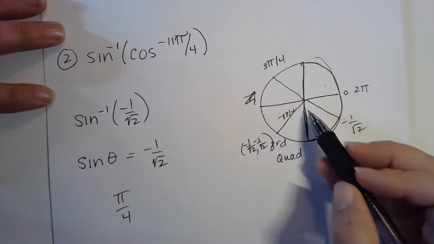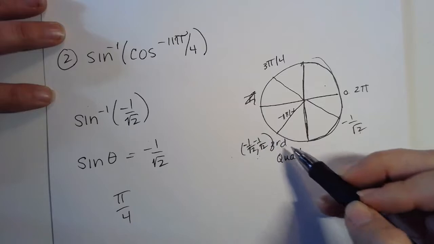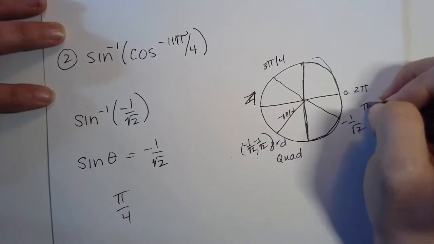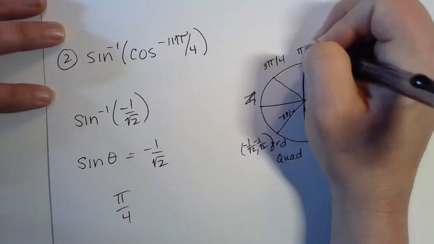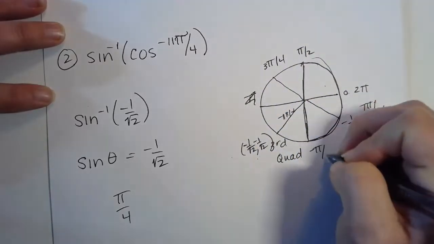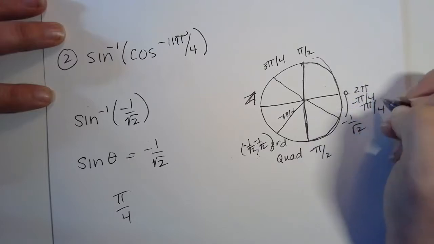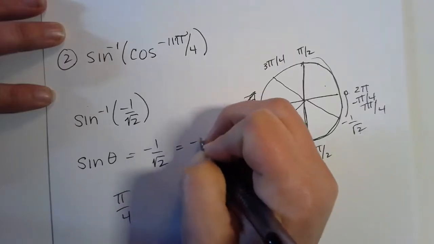Now technically this could be called, what would this be, 7 pi over 4? But I want it to be between pi over 2 and negative pi over 2. So to get here, I would say it's negative pi over 4. So this would be equal to negative pi over 4.